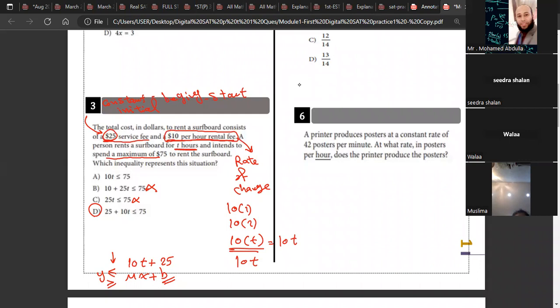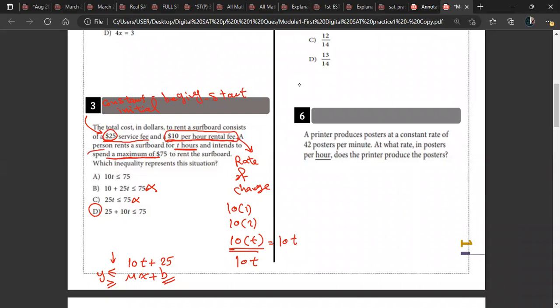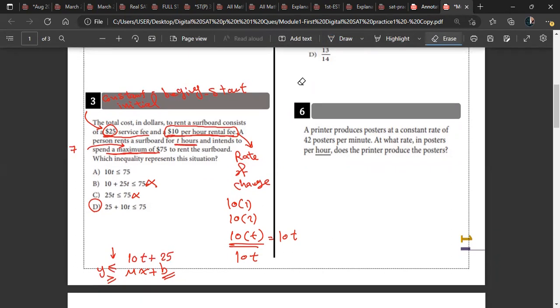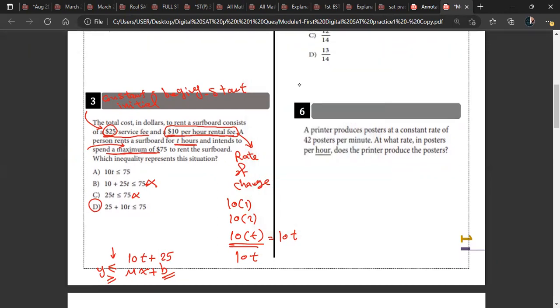So 10t plus 25 is less than or equal to 75.